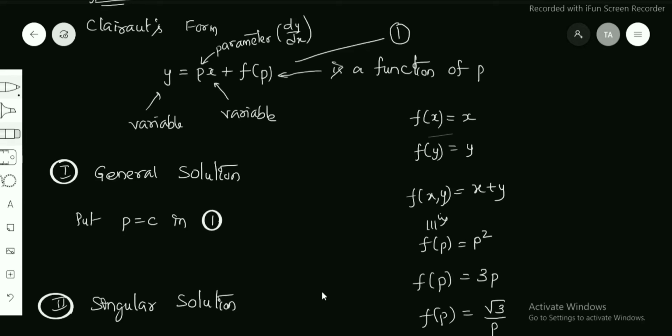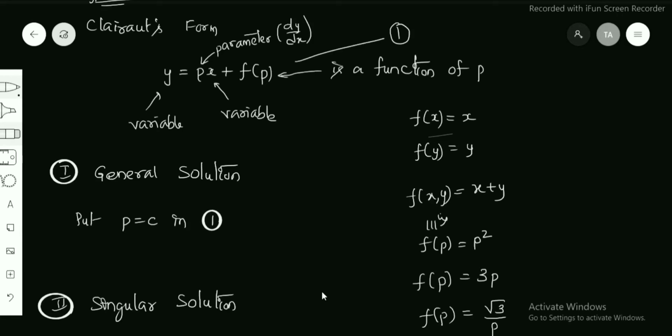Whatever the differential equation you are getting, you have to convert that differential equation in terms of Clairaut's form. You have to bring that in terms of y. y is equal to so and so, you will get that equation, you call it as 1, and there you substitute the value of p as c, then you will be getting general solution.